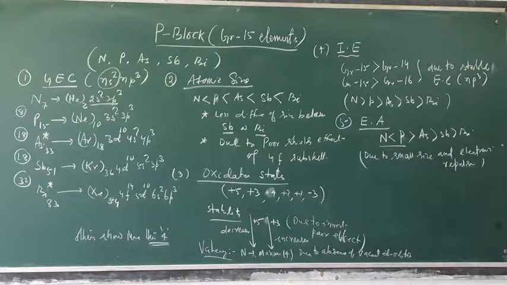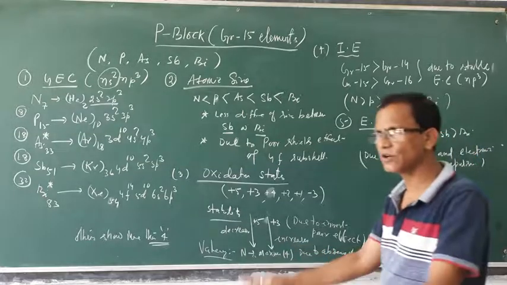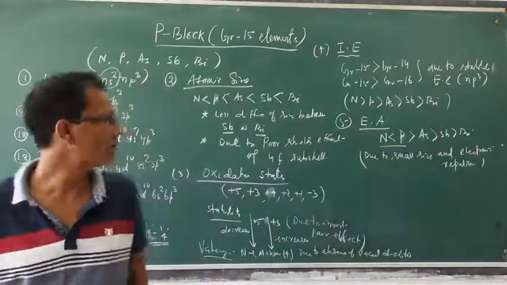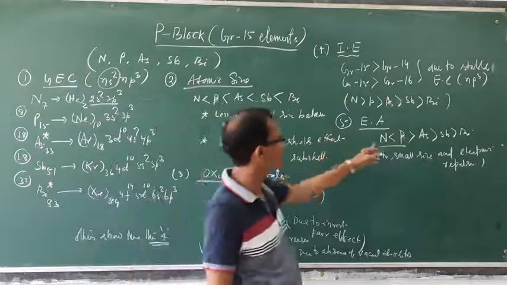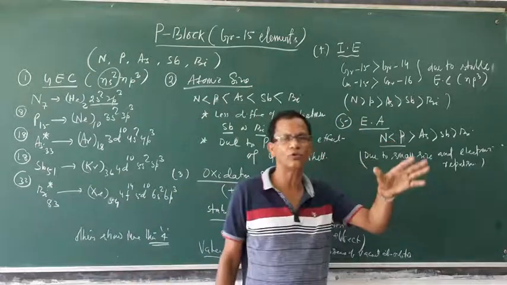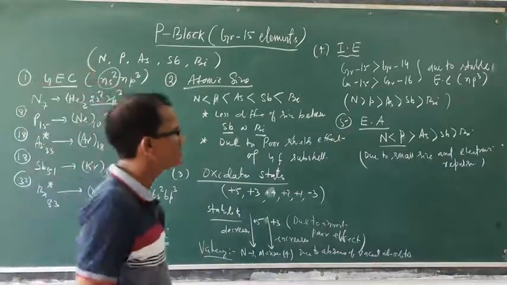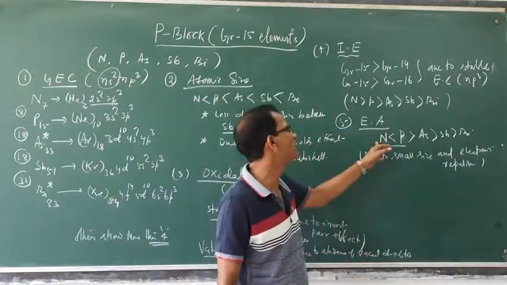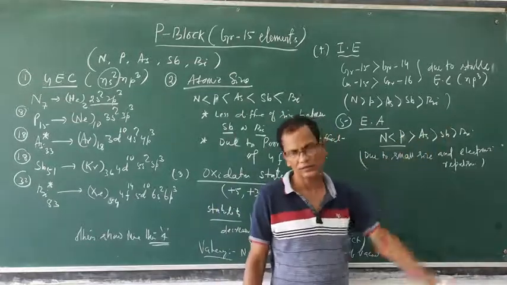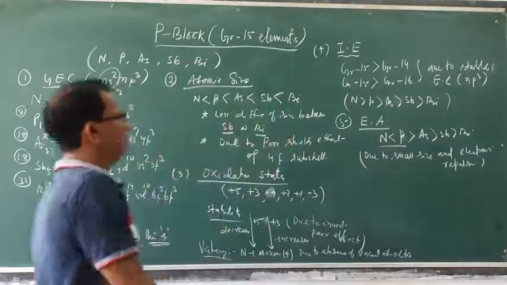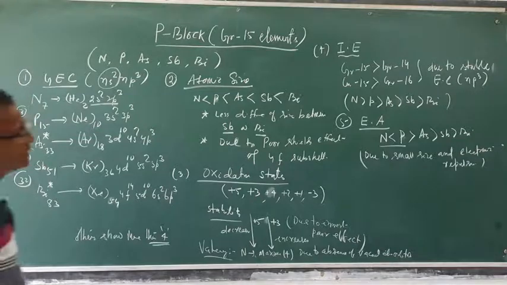Due to the small size of nitrogen and high electron density, the added electron is repelled by the outermost electrons of nitrogen. That's why electron affinity of nitrogen is less than phosphorus. This is about electron affinity.